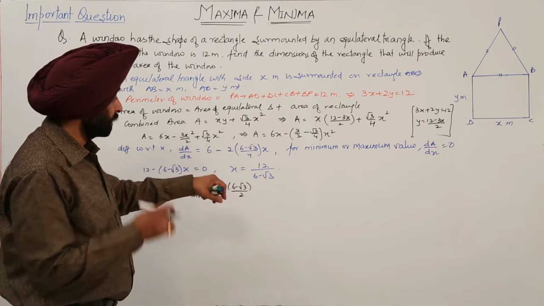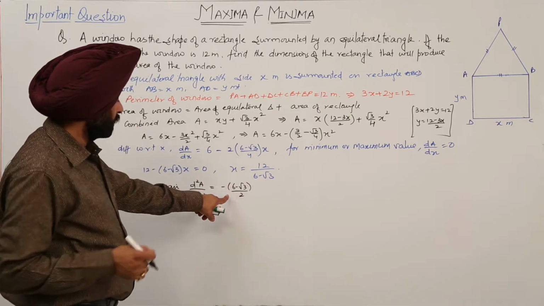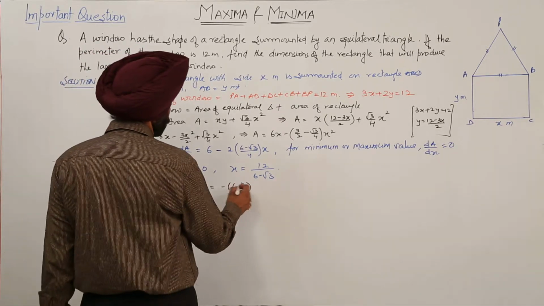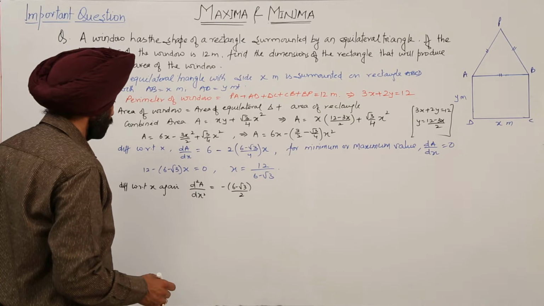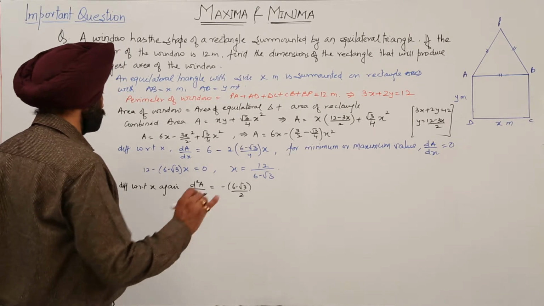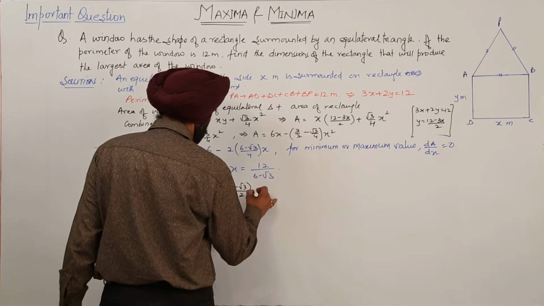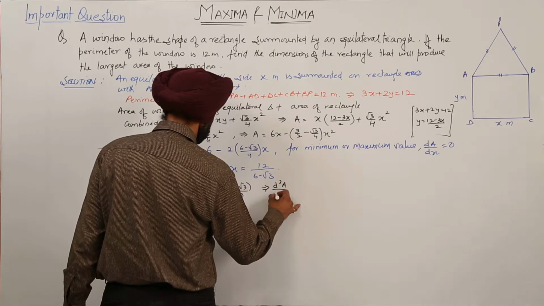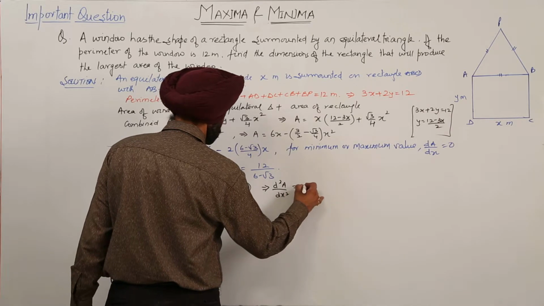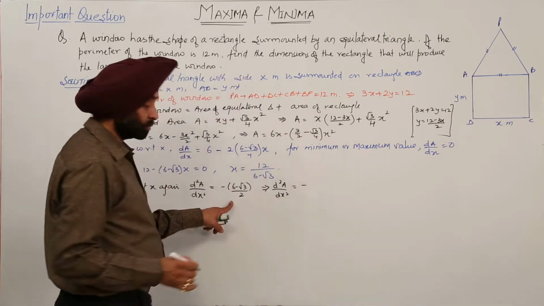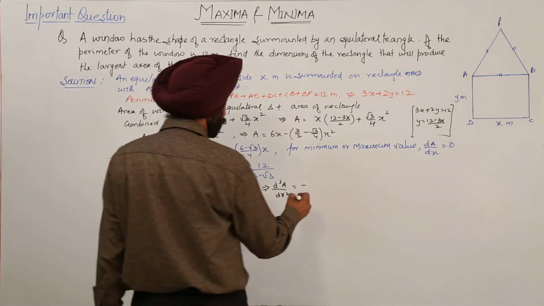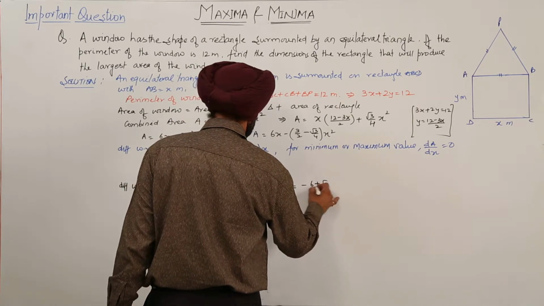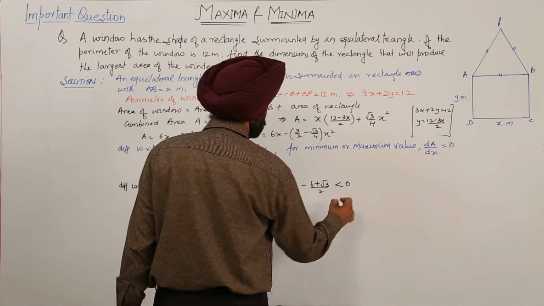So this becomes negative of 6 plus root 3 upon 2, which is less than 0.